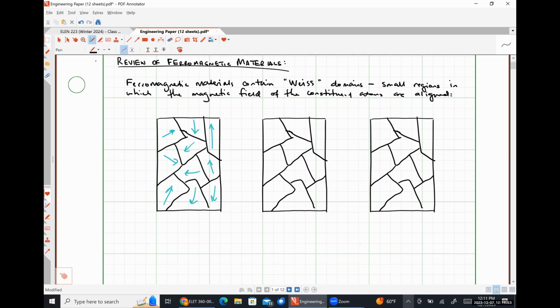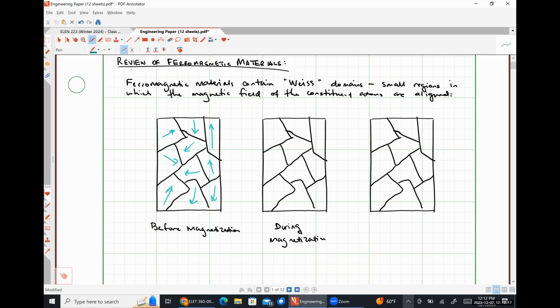So let me denote this is before magnetization. And then this picture here is going to be effectively during the process of magnetization.